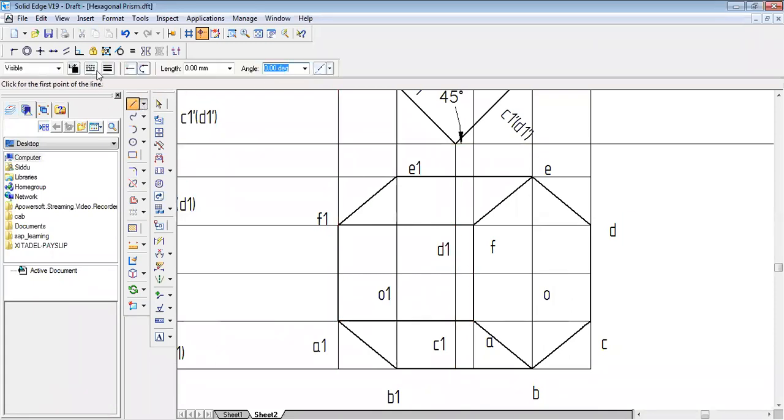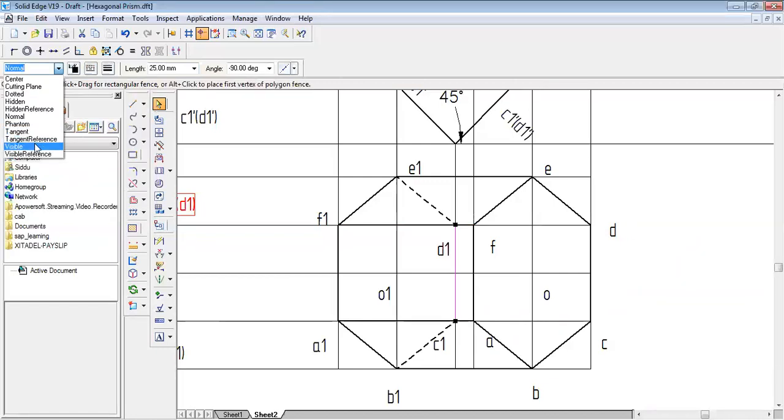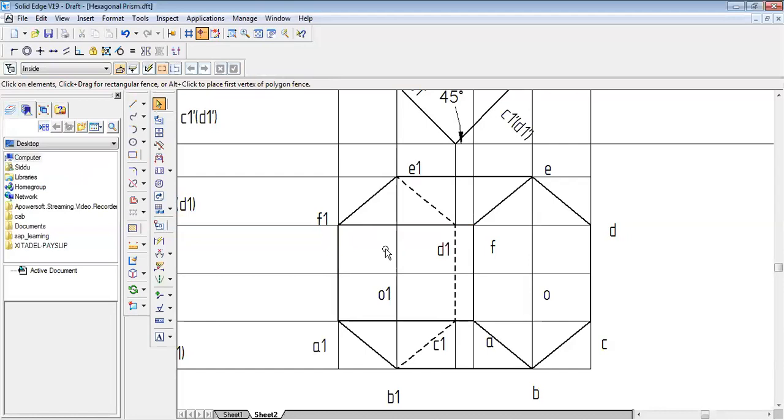So now you go for visible edges. This also should be visible and unseen edge. So this is done.